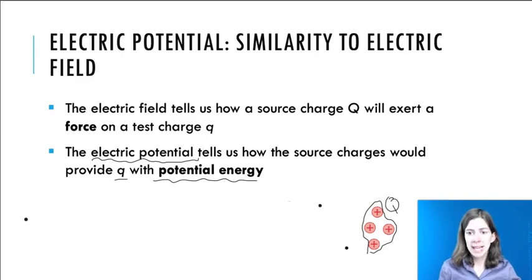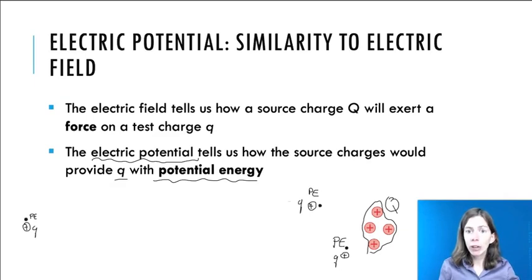So if we put a test charge at this point here, then it will have some potential energy. If we put a test charge over here, it will also have some energy. It will actually have less energy. So we could say big PE here, big potential energy, smaller potential energy. If we put that test charge really far away from the source, then it will have very little potential energy.